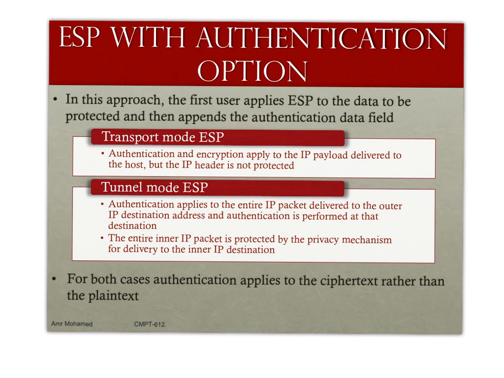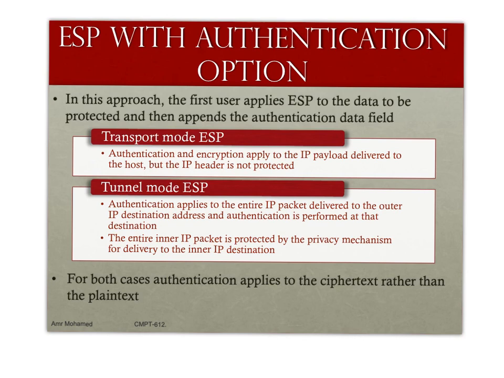Okay. So for the tunnel mode ESP, the authentication applies to the entire IP packet delivered to the outer IP destination, or the IP of the router or the gateway on the other side, right? In that case, we apply the encryption even to the original IP header. So the original IP header is hidden, so nobody knows exactly which host this traffic is coming from.